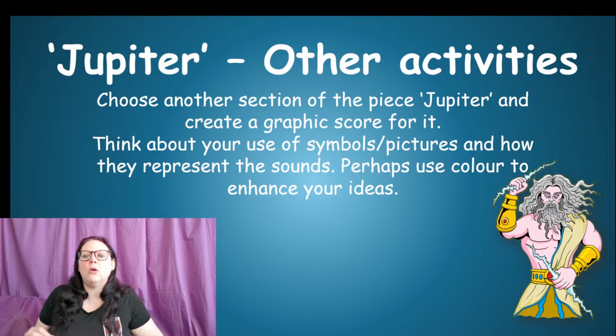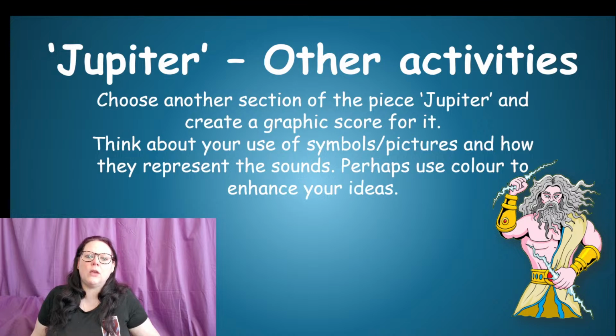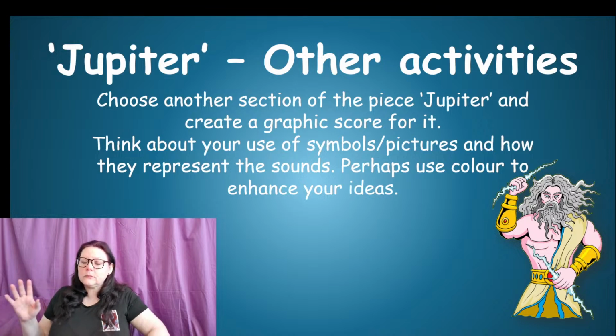So how about having a go at creating a graphic score for one of those other ideas as well, and thinking about how you would use your symbols and pictures to represent the sounds and the colour to enhance your ideas. There's so much that you could do graphically with sections of this music. So that's sort of the activity that I would suggest you have a go at.